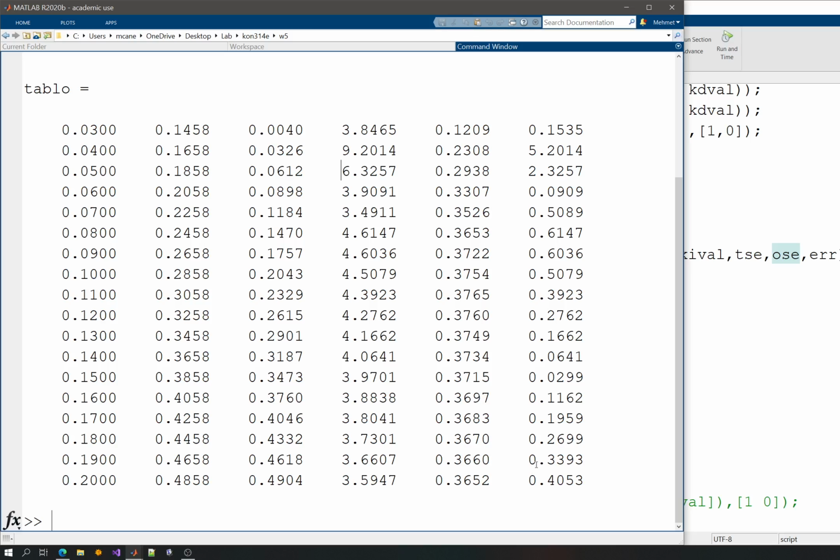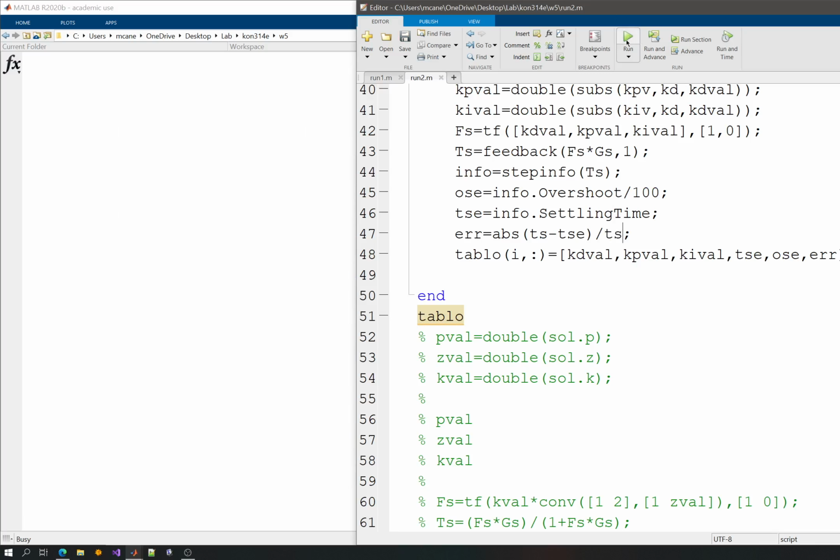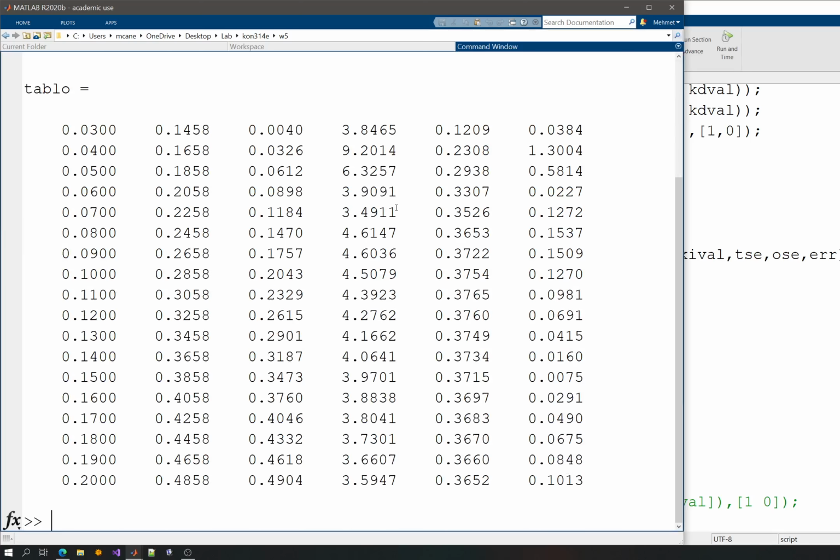But this doesn't give me that good a result, because it is not really that easy to see exactly what the percentage is, and the percentage is more important than just the gap here, because the gap can be misleading. So if I divide this by TS, this should give me the percentage here.